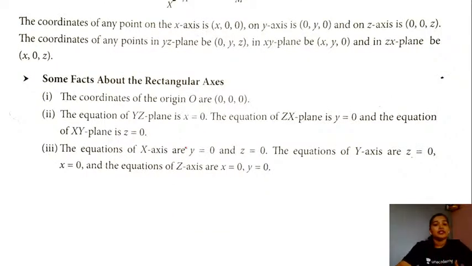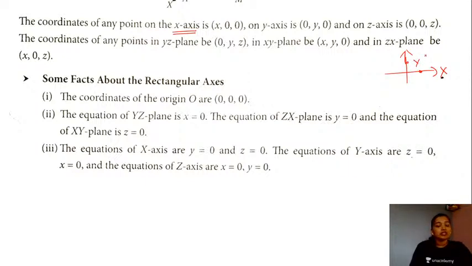Let's proceed with a few more concepts that I want to quickly revise with you, students. If any point in the three-dimensional setup is lying on the respective coordinate axes, what would be their representation? Suppose any point is on the x-axis. We have already studied in the two-dimensional setup that if any point is on the x-axis, the y-coordinate would be 0, and similarly if any point is lying on the y-axis, the x-coordinate would be 0.